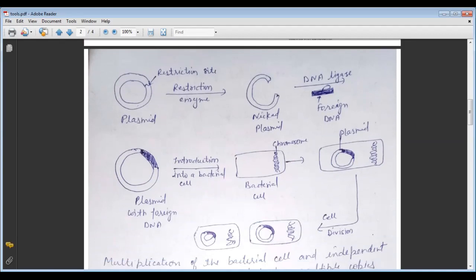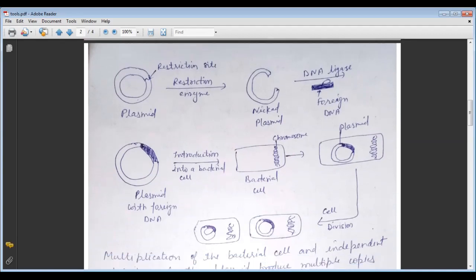So now come to the process. By the help of this process we can study the functions. First of all we see that this is the plasmid, and in this plasmid there is only one restriction site. Then the action of the restriction enzyme cuts the plasmid here, and now it is called the nicked plasmid.